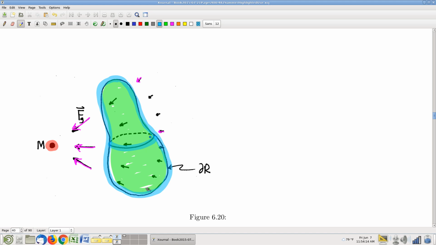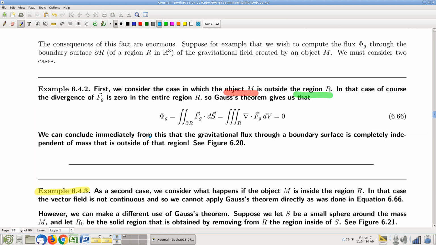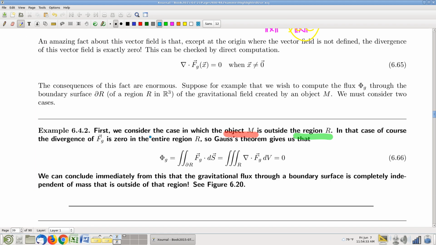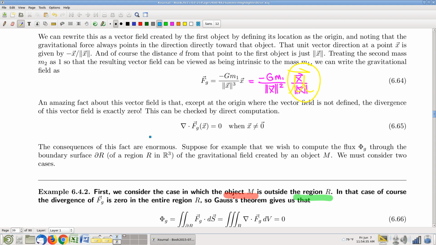And what a hard problem this appears to be. I mean, I got to parameterize that surface. It's all lumpy and bumpy, right? And the vector field has different directions, different magnitudes. Look at even algebraically, look at the formula for it. It's got a square root cubed in the formula. This looks like a really ugly calculation.